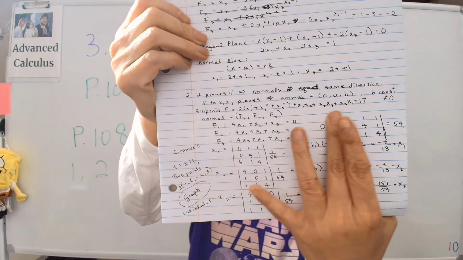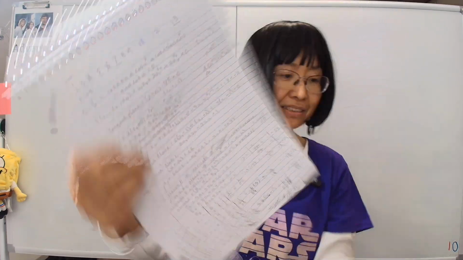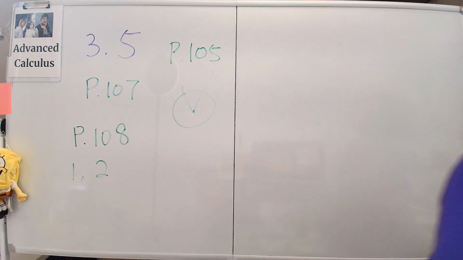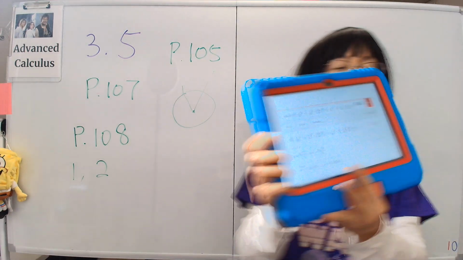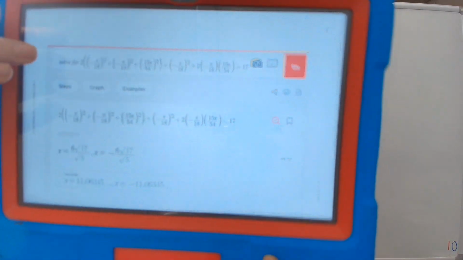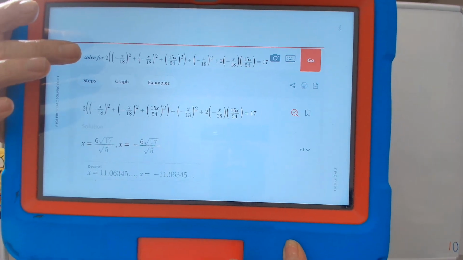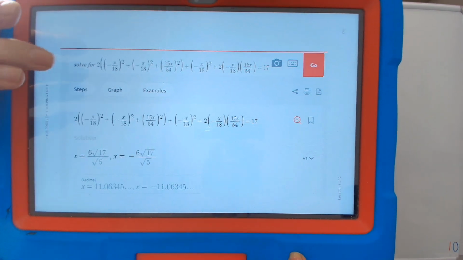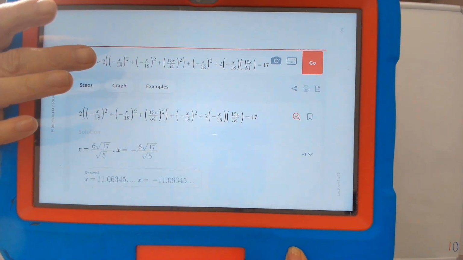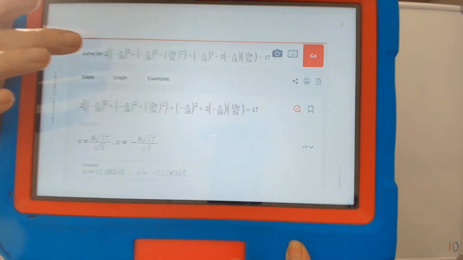And then solve for x. Let me show you what I did. I used the online algebra calculator and plugged in b, which now becomes x.